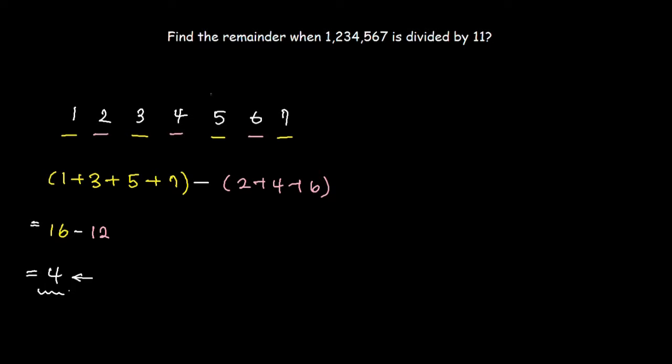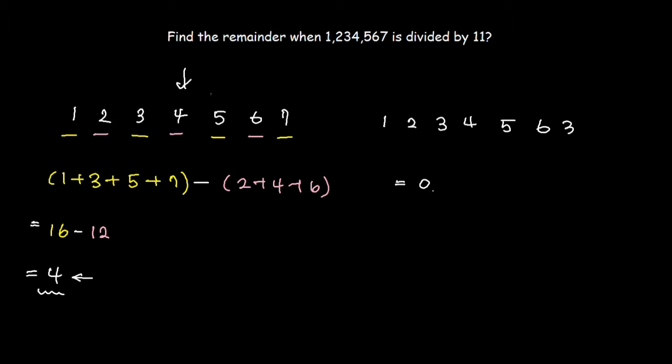So for example, if we had a number like 1,234,563, which is exactly 4 digits away from 1,234,567, since we just changed the 1's digit, and we add up all the alternating digits and subtract, we're going to get the answer of 0.